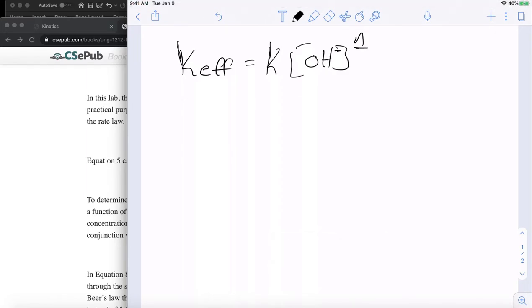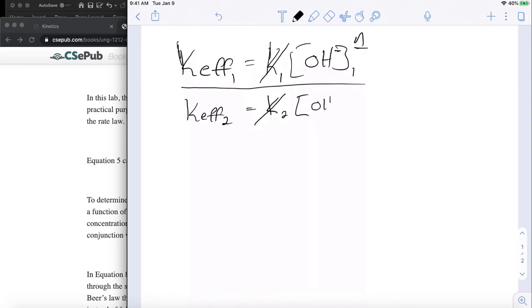So if we take k effective 1, which is rate constant 1 times the hydroxide concentration for experiment 1, and divide all of that by k effective 2, which is rate constant 2, where k1 and k2 really are equal, those two effectively cancel out. Then we have the hydroxide concentration for experiment 2, also to that same reaction order, because the reaction order shouldn't change between experiments.